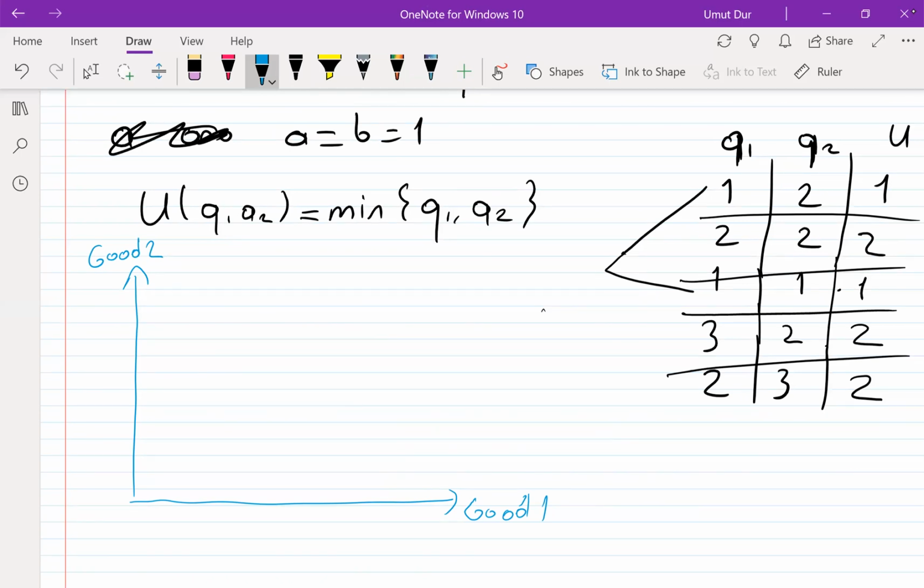Let's consider this point, 2 and 2. If I keep the amount of good 2 the same and go in this direction, for example to 3 and 2, are they indifferent?